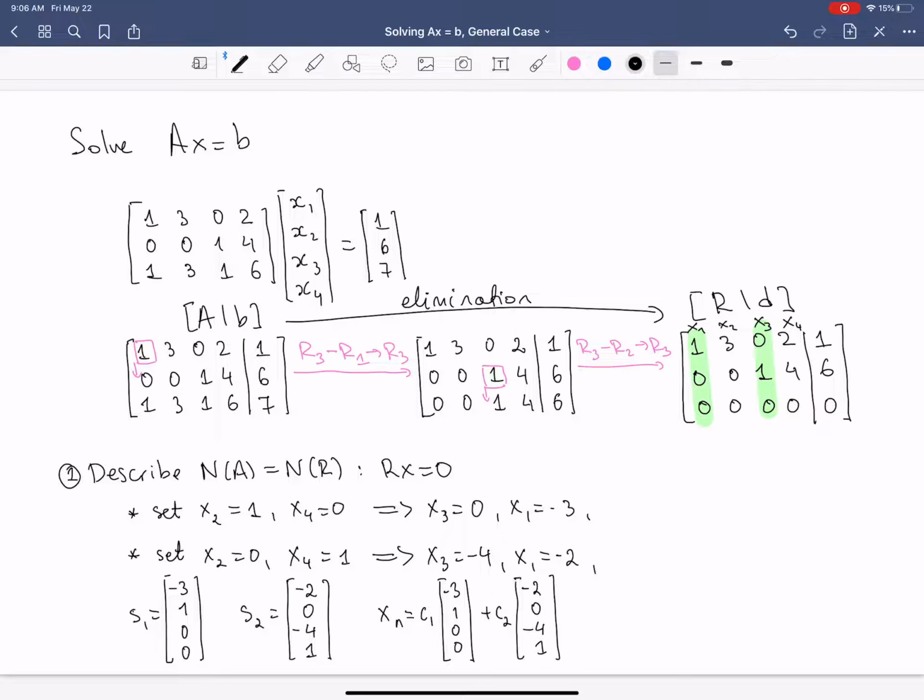So for any choice of c1 and c2, in particular, if you choose c1 to be 1, c2 to be 0, you get S1. If you choose c1 to be 0, c2 to be 1, you get S2. And if you choose c1 and c2 to be anything but those 1 and 0 combinations, you get new solutions to Ax equals 0, but they're in the space described by the special solutions.